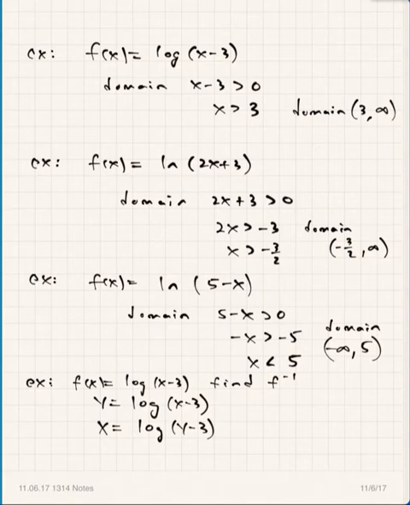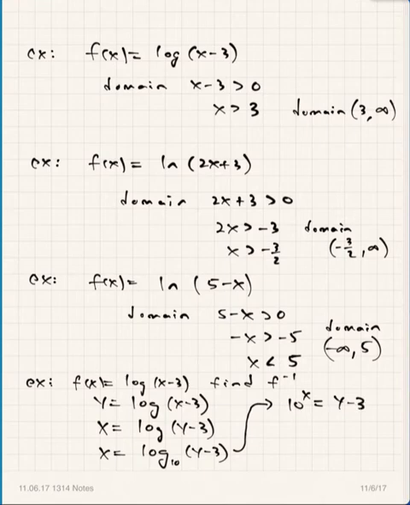To solve for y here, this is a log form, and we'd have to write it in exponential form. The base on the logarithm is understood to be 10. If you get confused and you need to write that, that's fine. Write log base 10, that's okay. And so that's the log form. Its corresponding exponential form would be 10 raised to the x equals y minus 3.